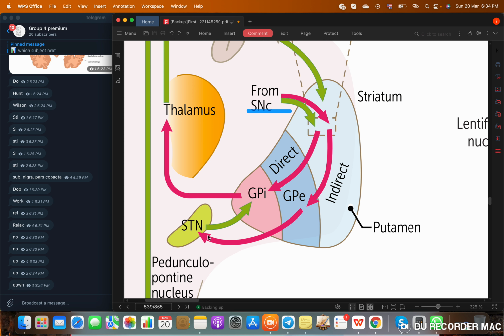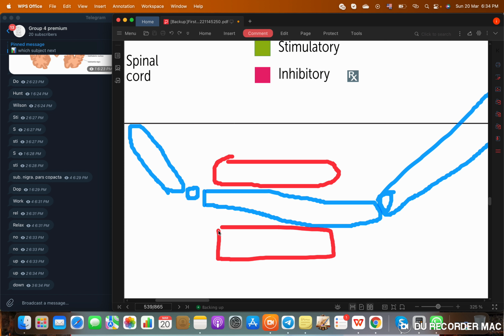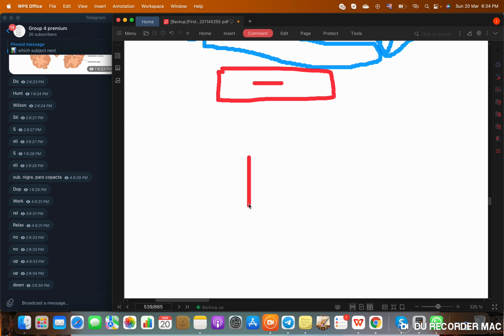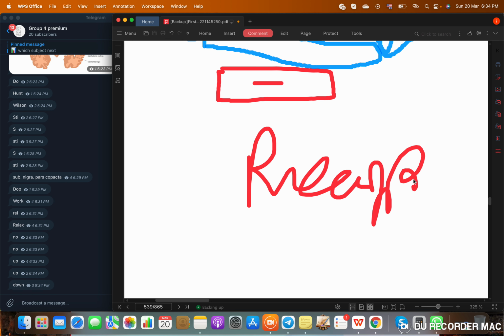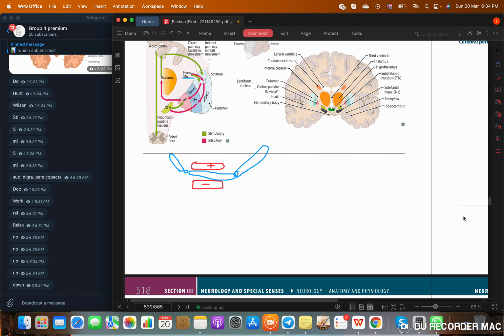Excellent. The thalamus will be down. And that's exactly what I'm speaking about. At the flexor muscles, the thalamus was stimulated. At the extensor muscles, it was inhibited. We call this reciprocal movement. Reciprocal movement, okay?